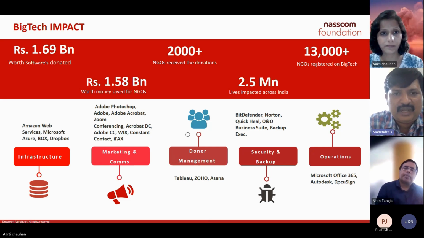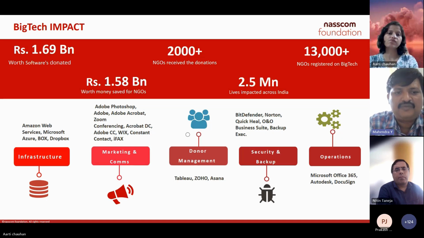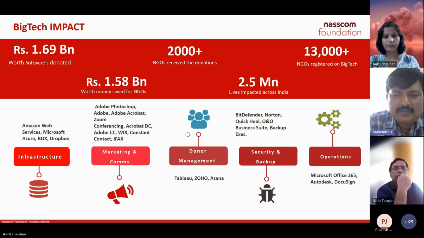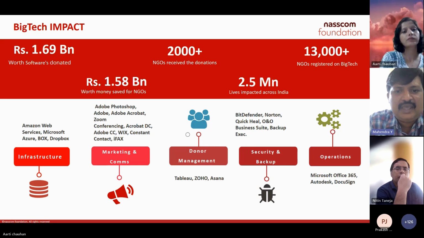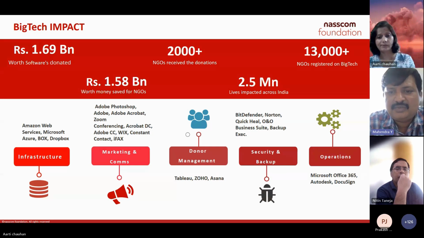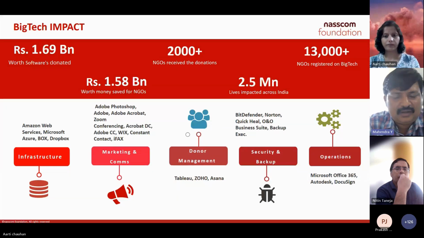Had they gone to the market, it would have cost them way higher. They saved almost 1.58 billion for the NGOs. From an impact perspective, almost 2.5 million lives across India have been impacted and benefited, and almost 13,000 plus NGOs are registered on our BigTech program.